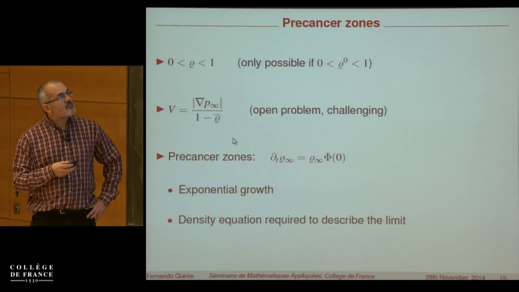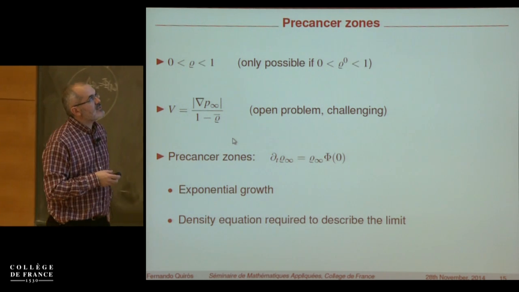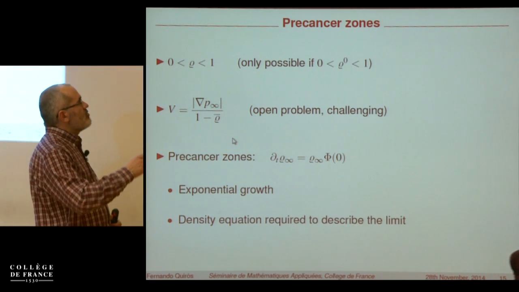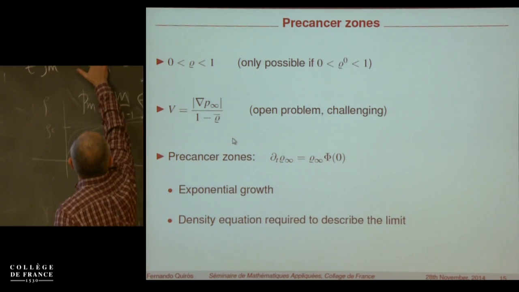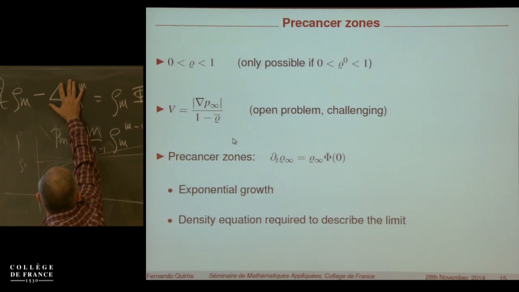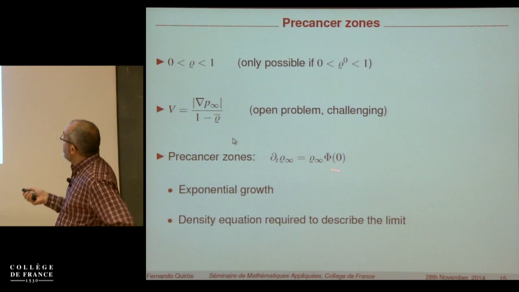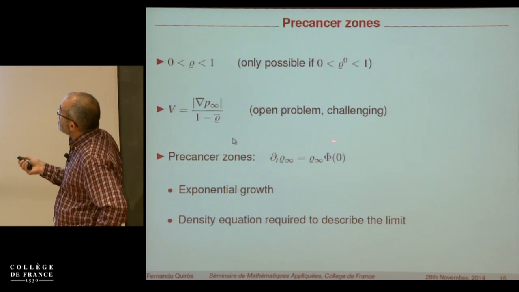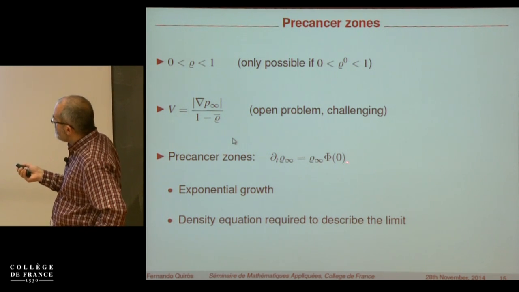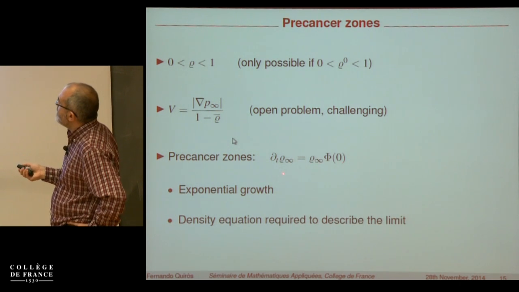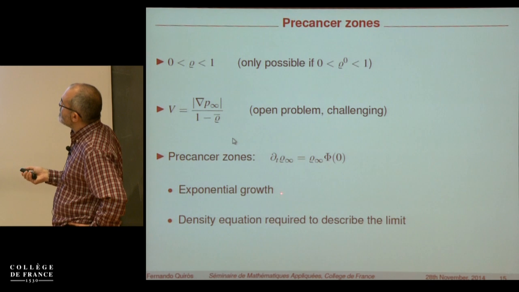On the other hand, in precancer zones the pressure is 0. So you drop this term here, and you get an ODE for the density, and it's that one, and then you get an exponential growth for the density. You can put a 0 here because you're in a region where p is 0. You get exponential growth until you reach the level 1.